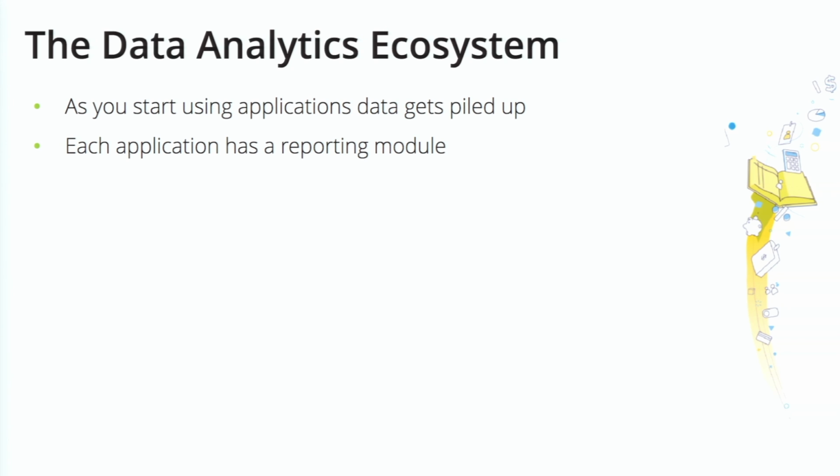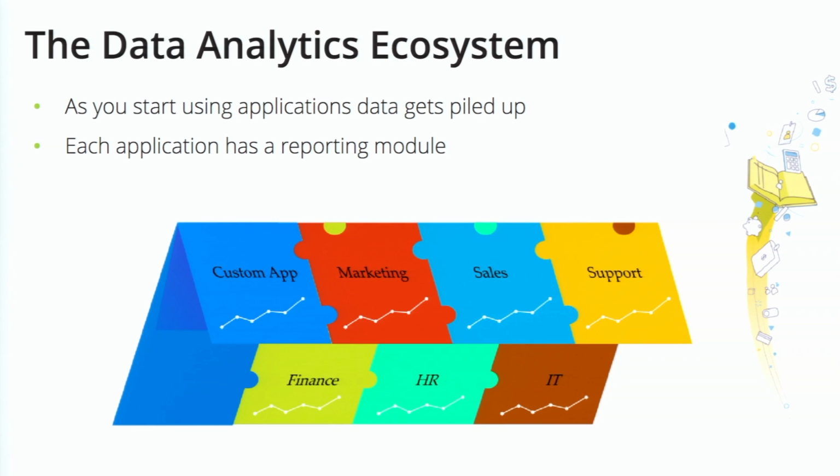Your typical ecosystem now starts looking like this. You have each of your applications out there, and each of them has their own analytics module or reporting module. But is this what you want? Is this the holy grail? Yes, I have applications. I'm running marketing, sales, and so many different applications.